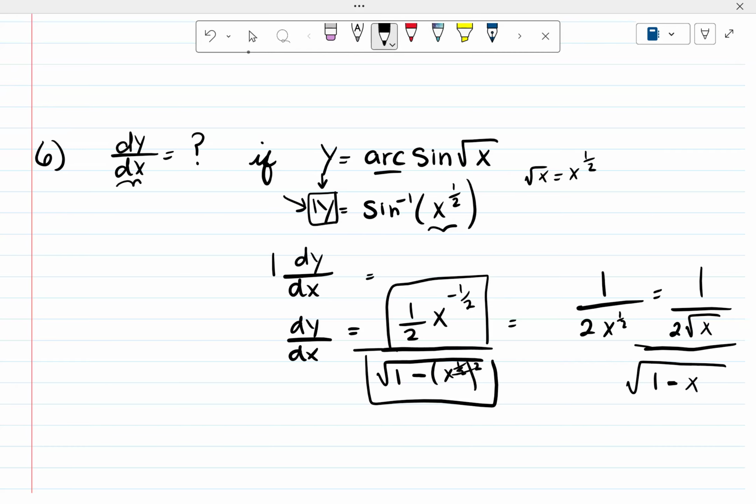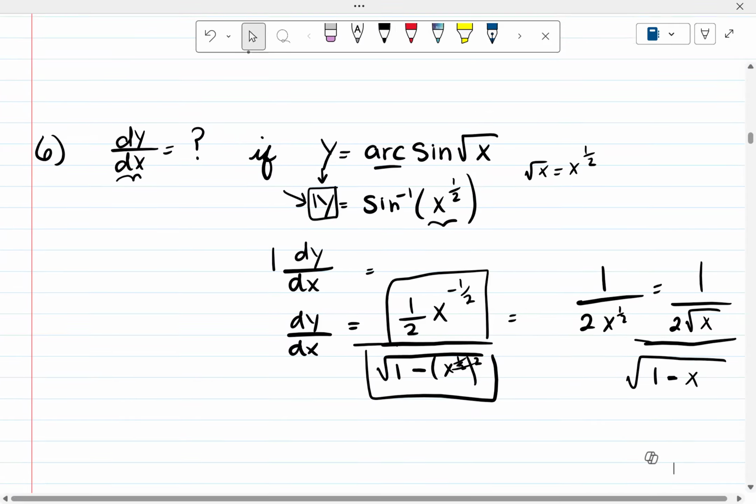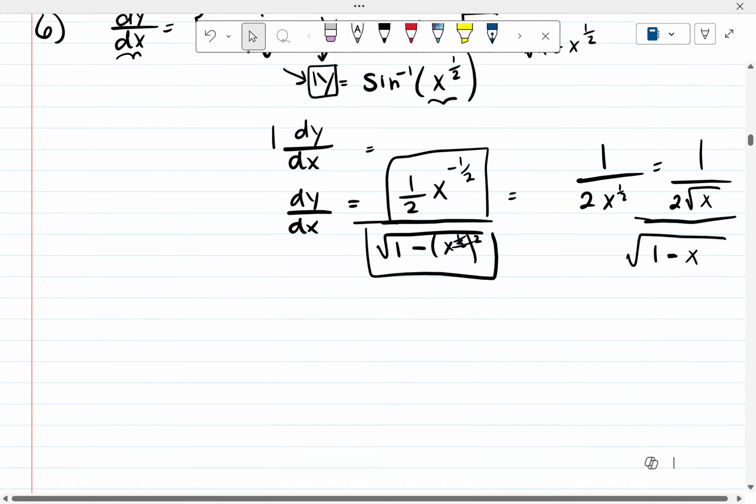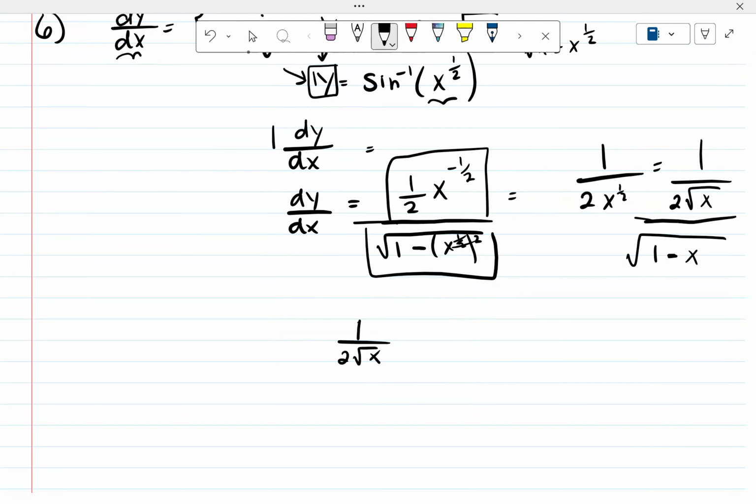Okay. So we have a complex fraction. When you clean this up, you're going to get 1 over 2 square root of x times 1 over the square root of 1 minus x.